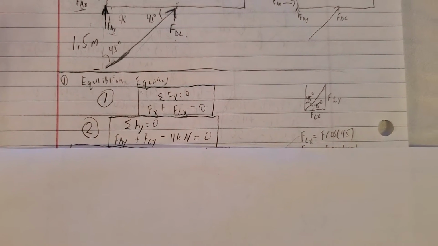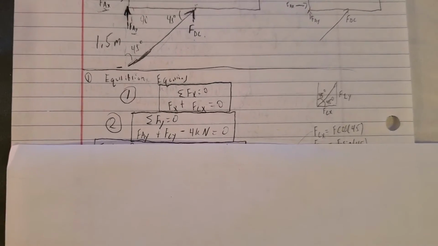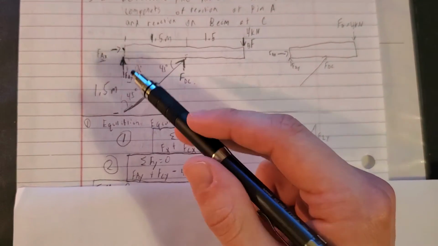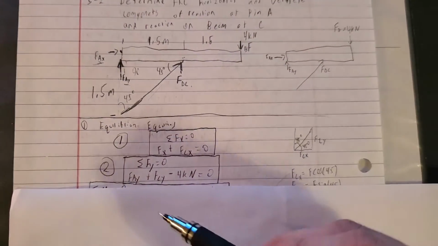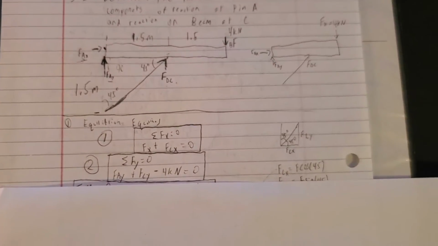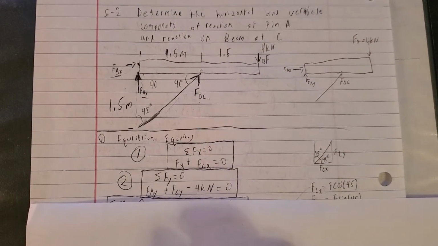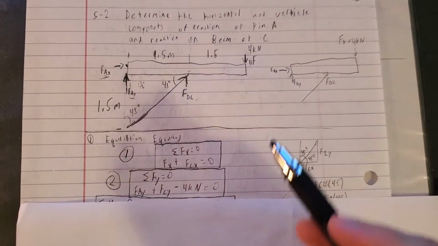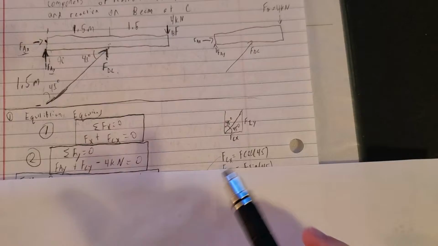So I went down to my Fy equilibrium equation, and here's the Fy from this acting on point A, and here's Fcy, which is the vertical component of this FDC, and the minus 4 kilonewtons is from this force acting down here.